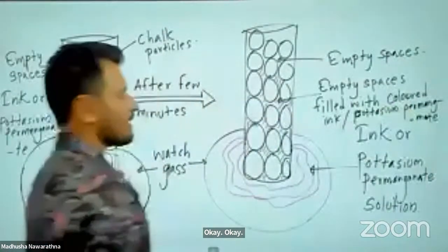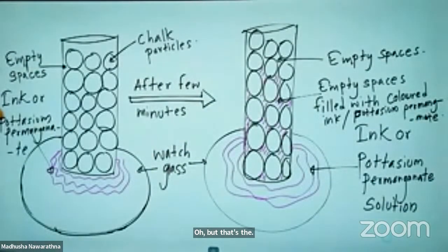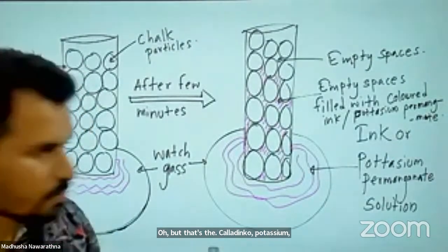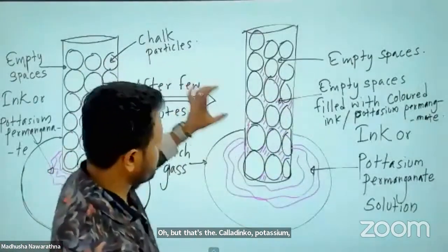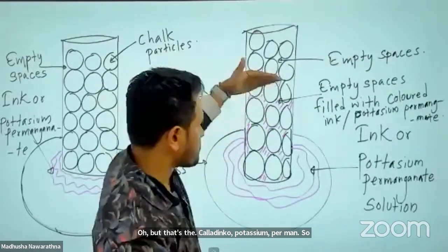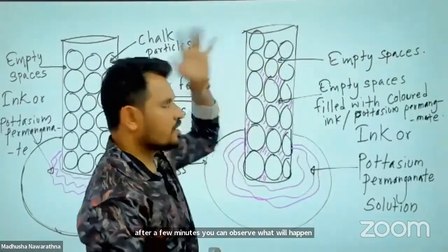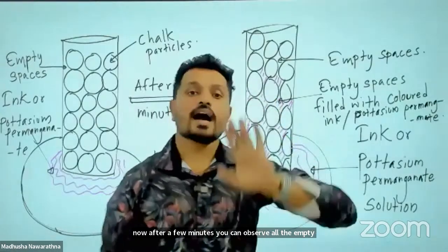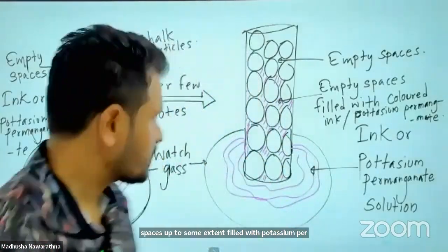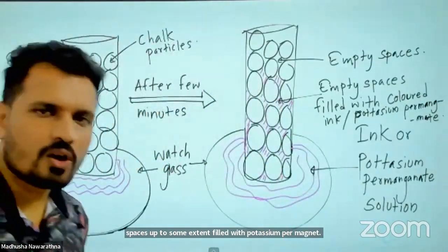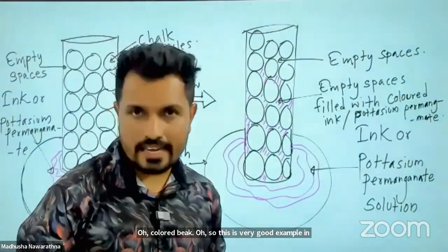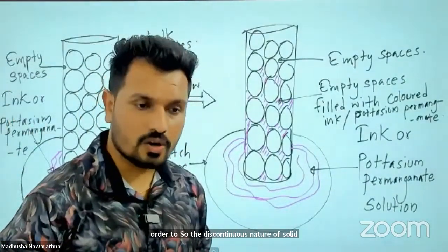Colored ink or potassium permanganate. So after a few minutes, you can observe what will happen now. After a few minutes, you can observe all the empty spaces up to some extent filled with potassium permanganate or colored ink. So this is very good example in order to show the discontinuous nature of solid matter.